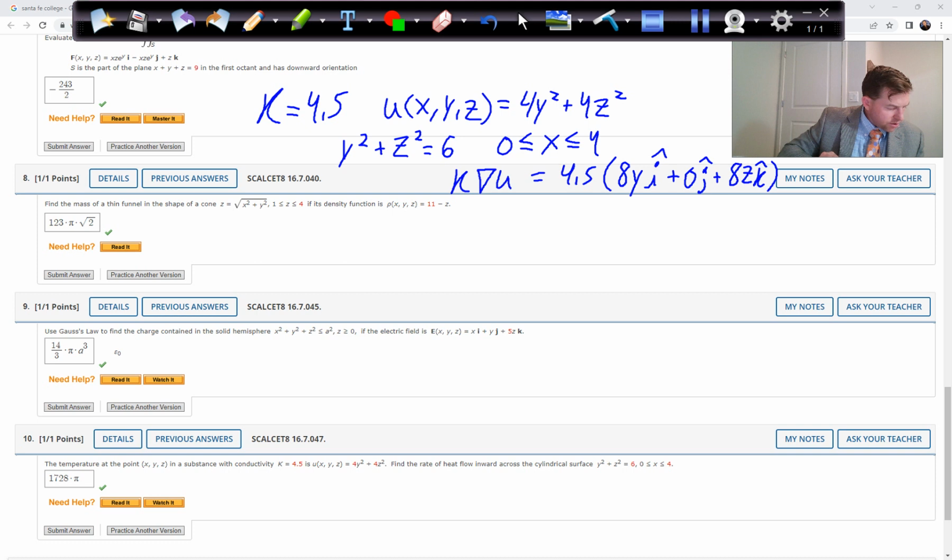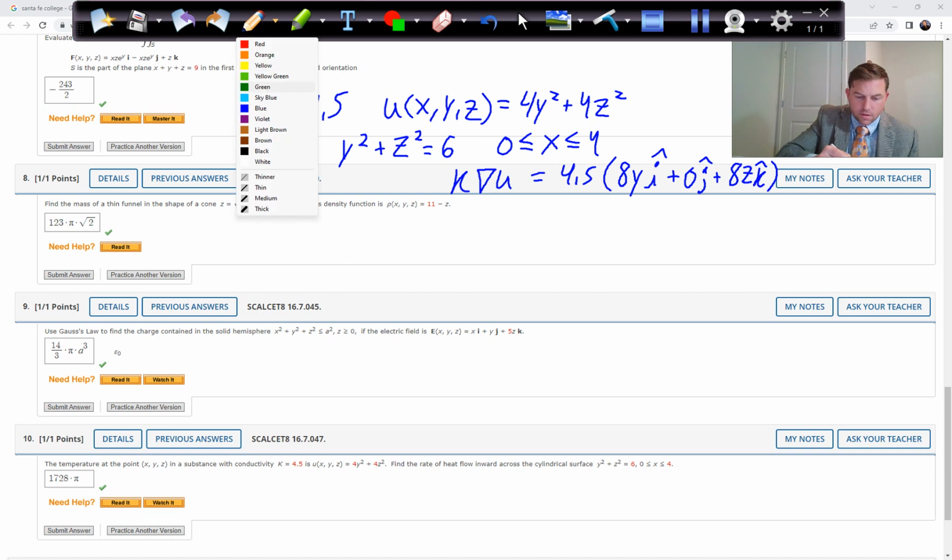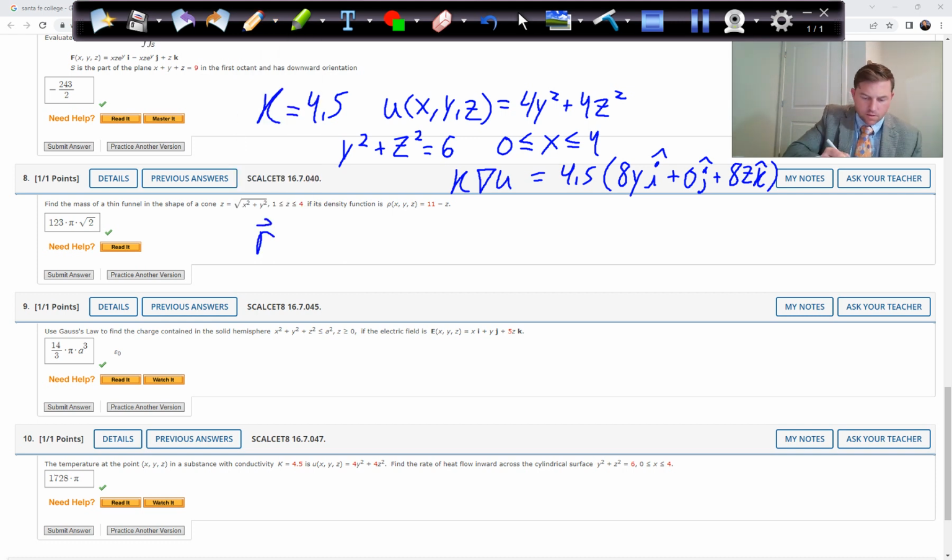and we're going to write r, this vector, in terms of x and theta. So we're going to parameterize this, and that's going to be x.